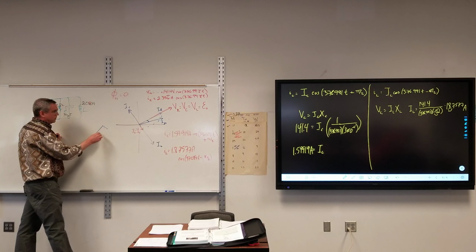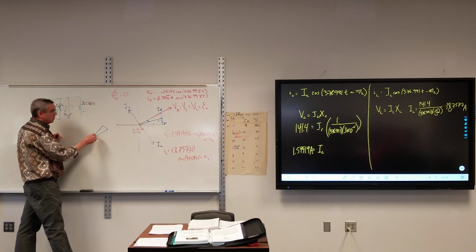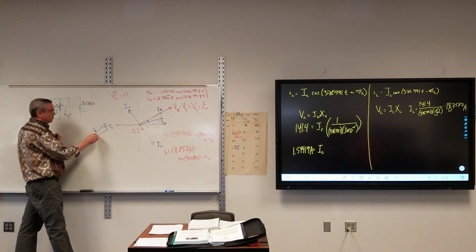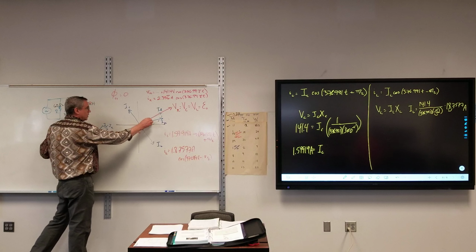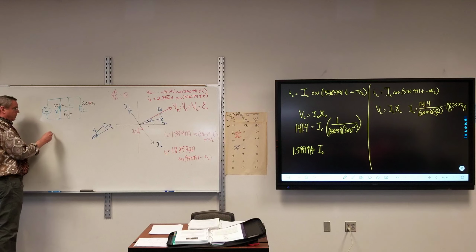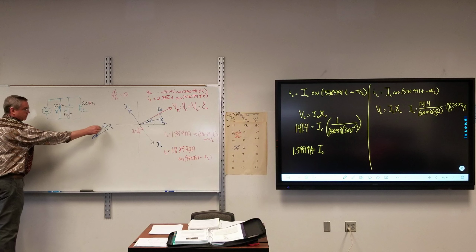This is basically what I'm working with here. This is I sub R. This is I sub L minus I sub C. And that's the angle I want to figure out. I'm going to use tangent, that's my right angle there.